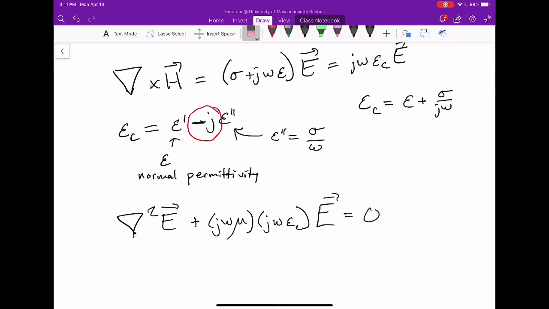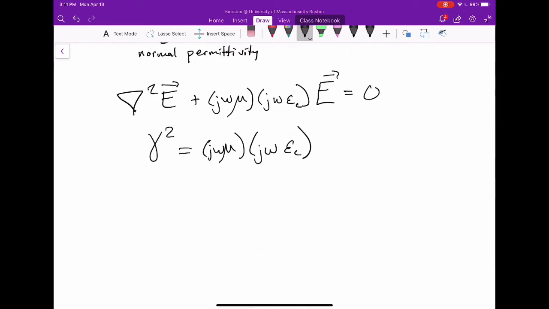And we define a complex propagation constant, gamma, so that gamma squared is equal to j omega mu times j omega epsilon c. So in lossy media, this is not going to be a purely imaginary number, it's going to be a complex number. So gamma is going to be alpha plus j beta, where alpha is our attenuation constant, and beta is our phase constant.